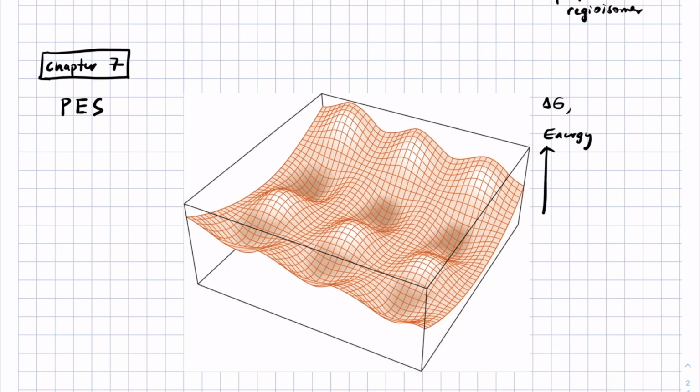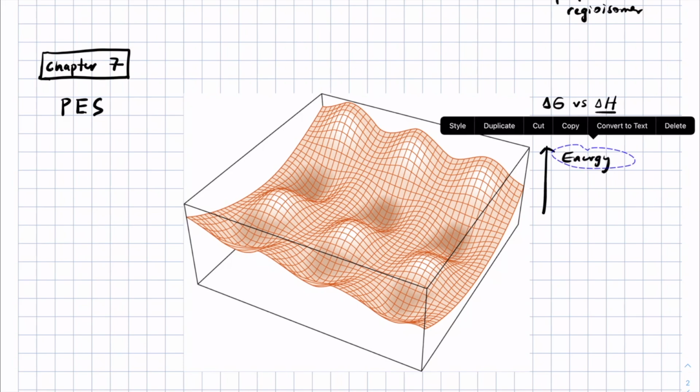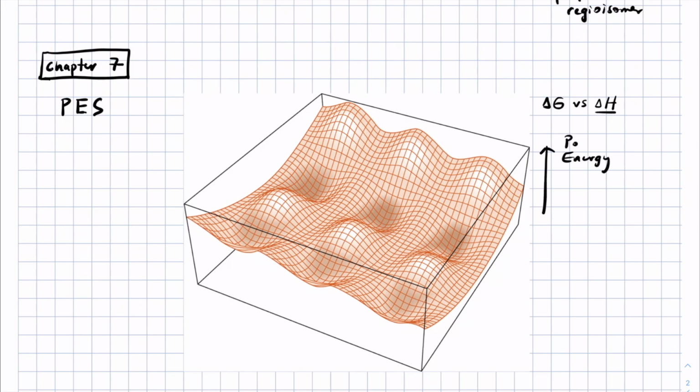For the most part, because entropy often in many reactions doesn't change a lot, and because enthalpy is directly correlated to bond strength and interaction strength, a lot of people will think about enthalpy as being on this axis. But another way to think of it is just overall molecular potential energy. And whether you think that in terms of Gibbs free energy versus enthalpy is fine.